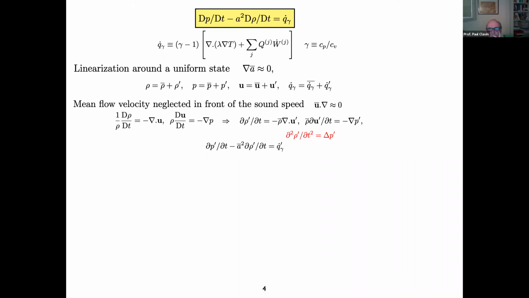Using this relation and taking the second derivative, you obtain the following equation.